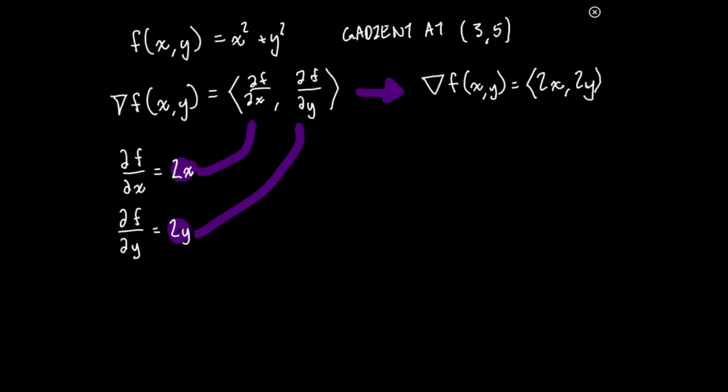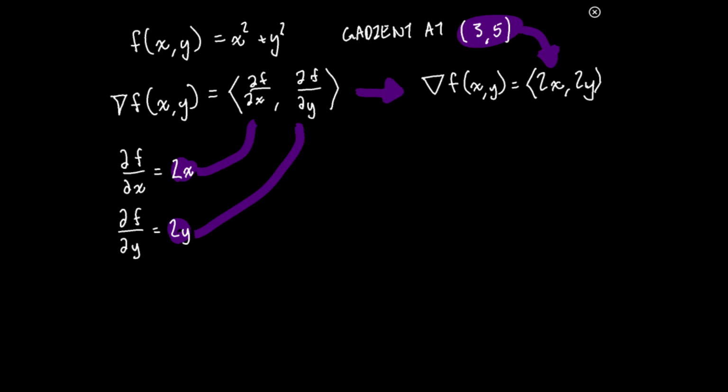Awesome. Now that we have this equation, what do we do with it? Well, we were given a point that we wanted to find the gradient at, right? We were given this point right here. So find the gradient right here. We're just going to plug it right into our gradient equation.